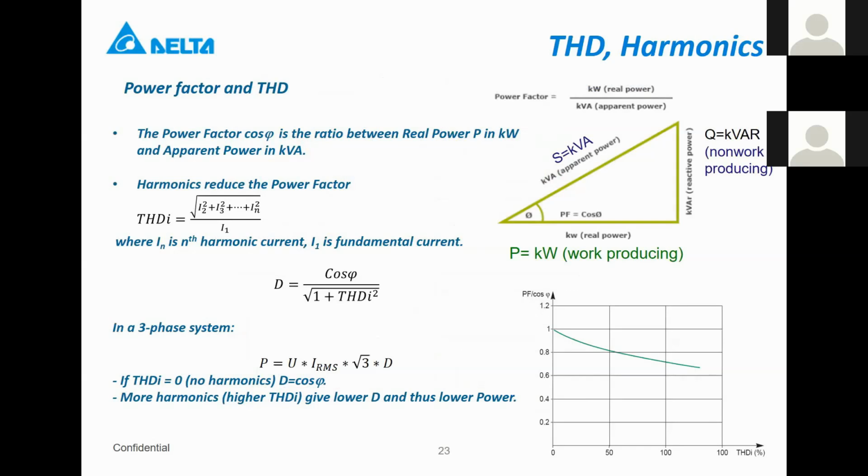The difference is this part, the D. It's the influence of the harmonic distortion of the current on the cosine phi. And that is basically the power factor.